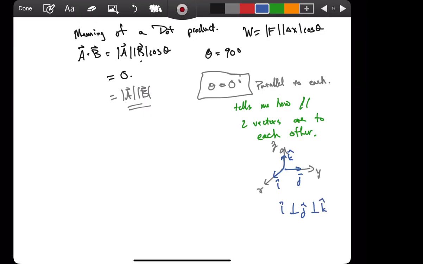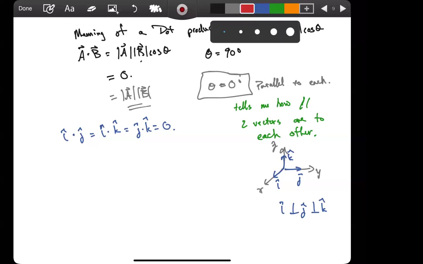All of these are mutually perpendicular to each other. So terms that go as i dot j, which is equal to i dot k, which is equal to j dot k, are all going to be equal to 0, because the dot product tells me how parallel these things are, and by definition, all the unit vectors are perpendicular.